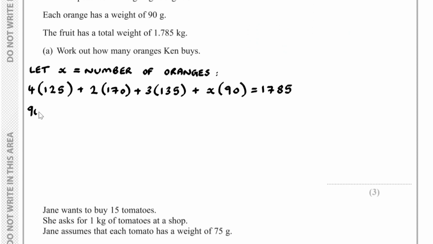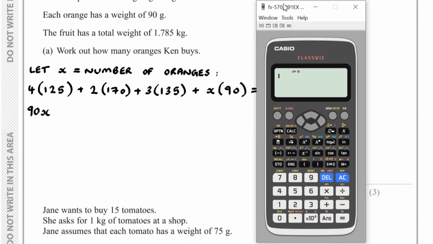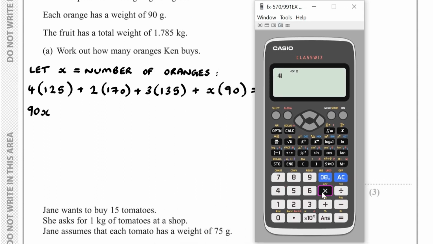So we've got 90x, and if we add together the 4 times 125, the 2 times 170, the 3 times 135, we get 90x plus 1245. This is equal to 1785.